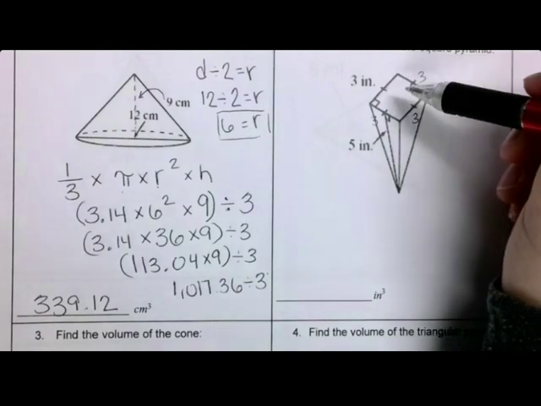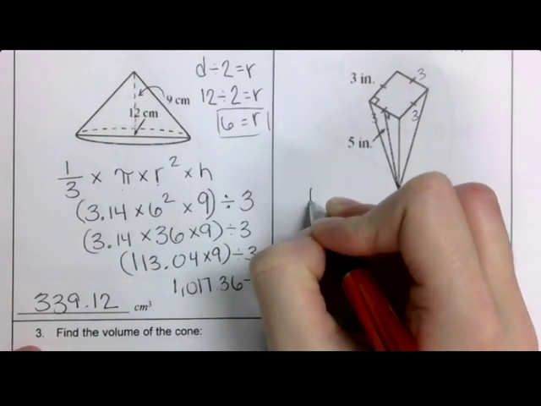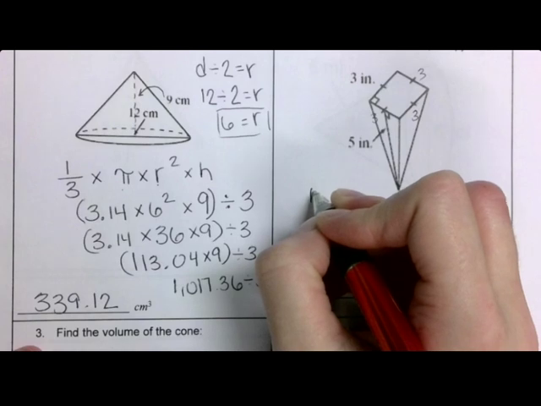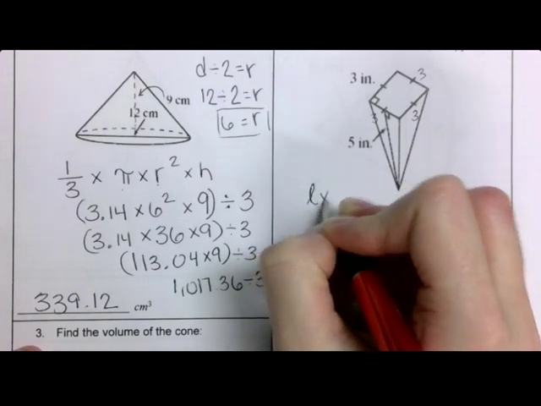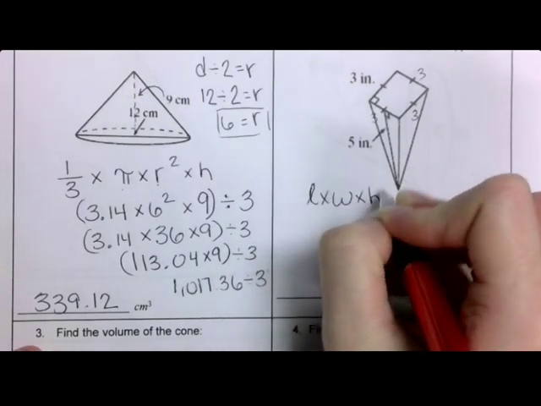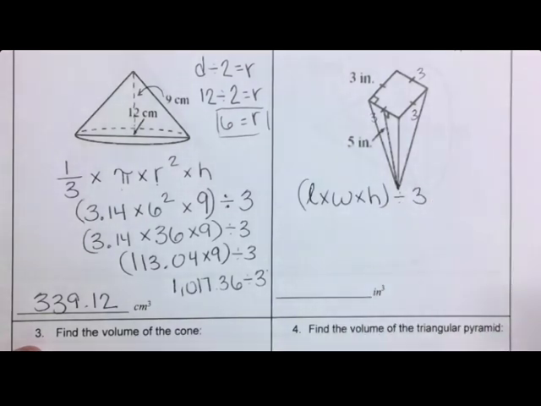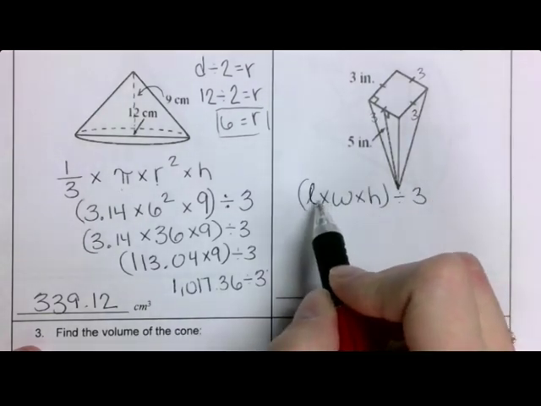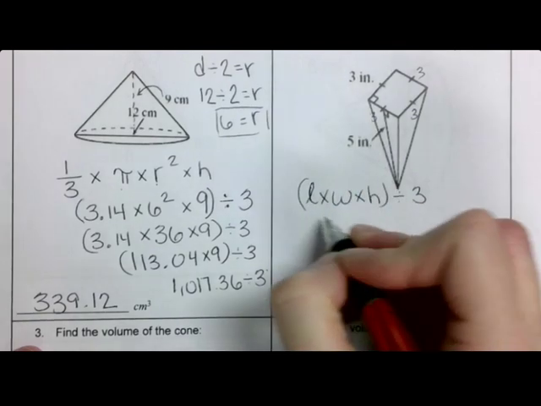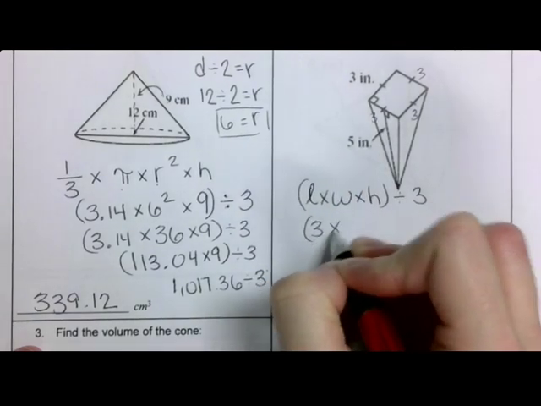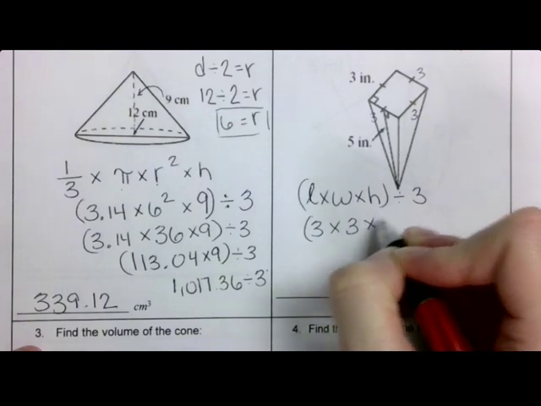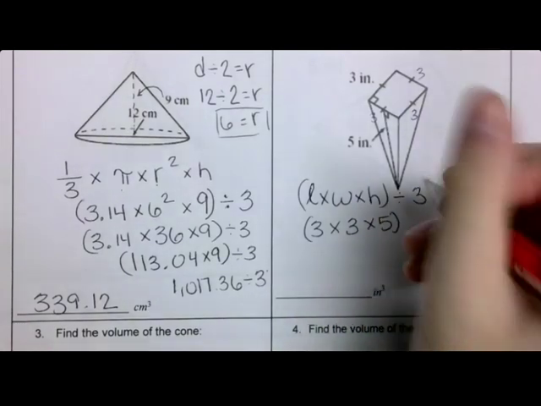So in order to find our volume, we have length times width times height, and we are going to divide the whole thing by 3. Our length is 3, our width is 3, our height is 5.